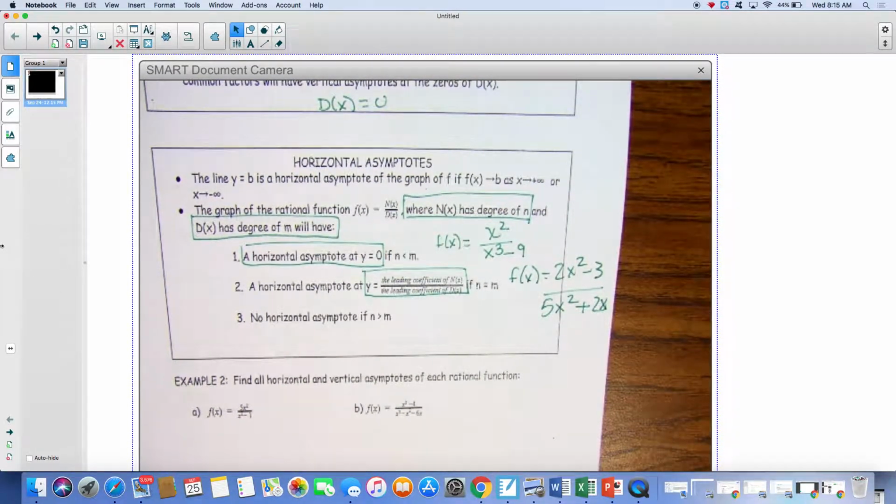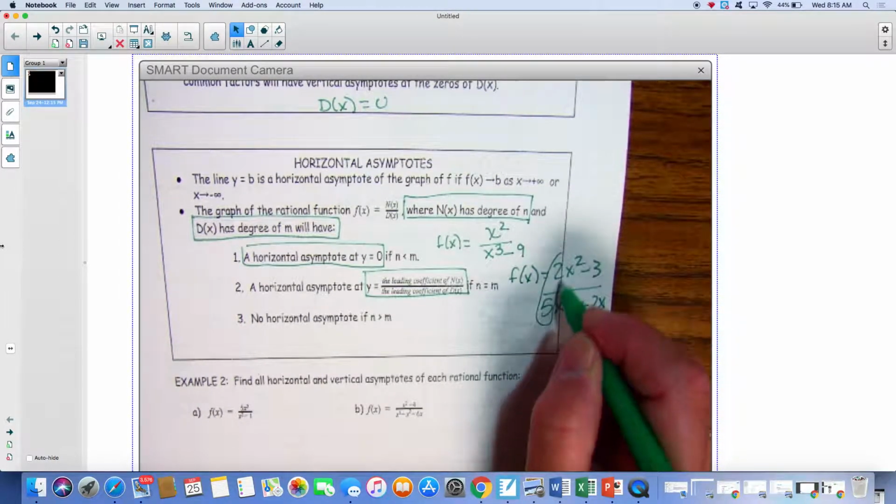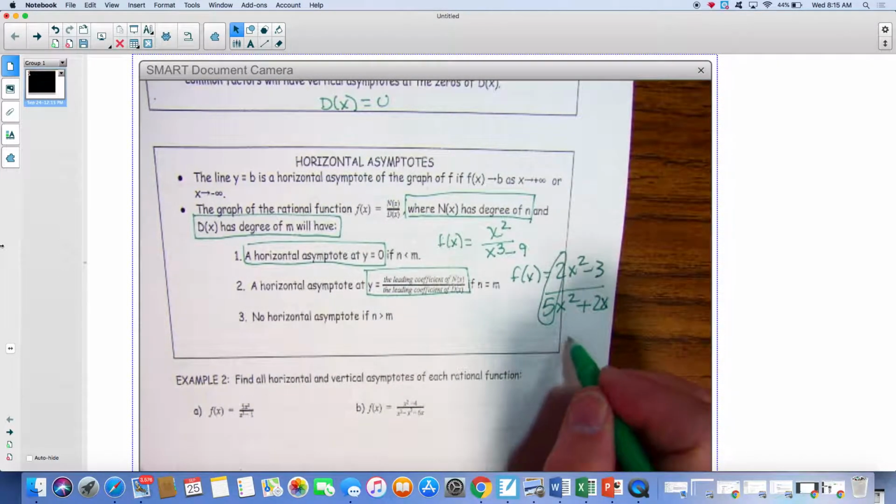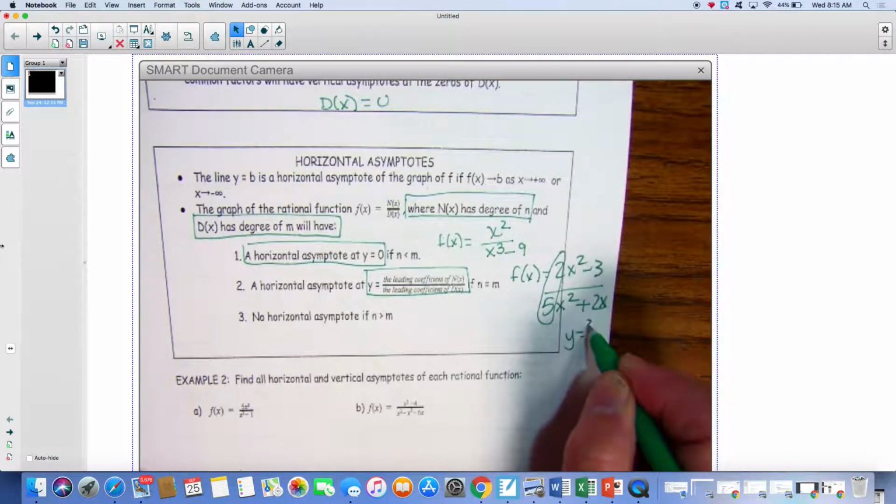What's the degree of your numerator? What's the degree of your denominator? So the degrees are equivalent, so it's got a horizontal asymptote at the ratio of your leading coefficients. So what are your leading coefficients? 2 and 5. So this one has a horizontal asymptote at y equals 2/5.